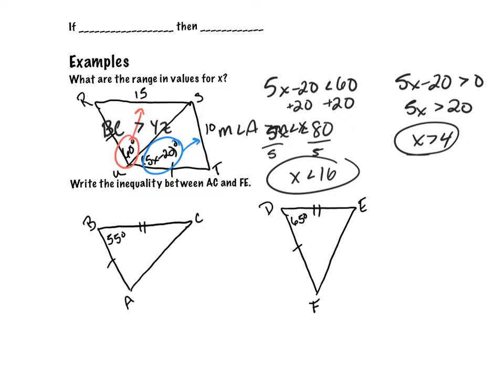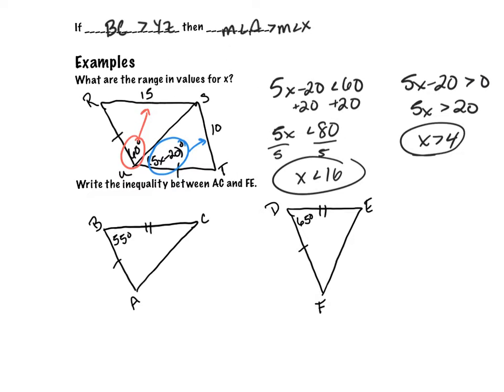Okay. Why won't this one stay up there? Okay. Last thing is they'll say write inequalities between side lengths, basically. So what it's saying is, what's the relationship between the length of AC, the length of that red side, to the length of FE? Here I'm just looking at angle measures.